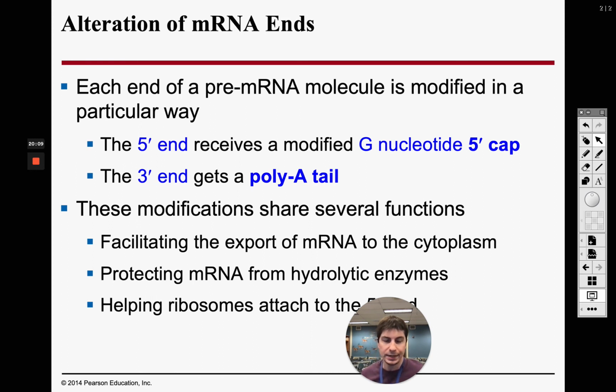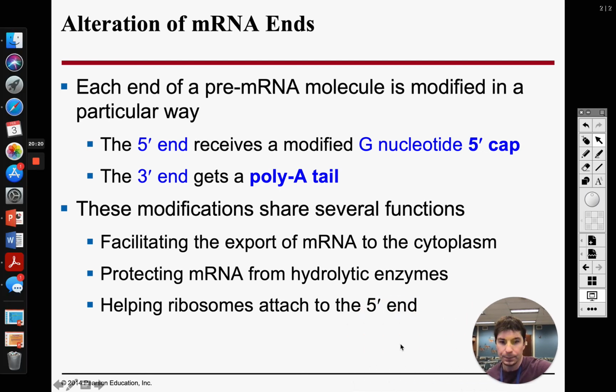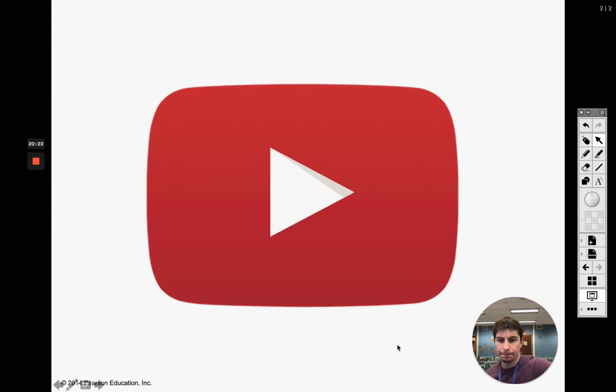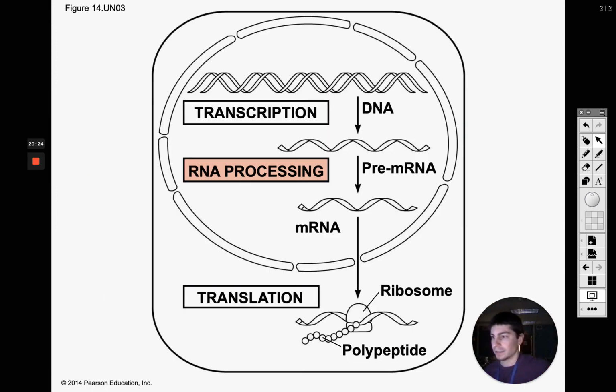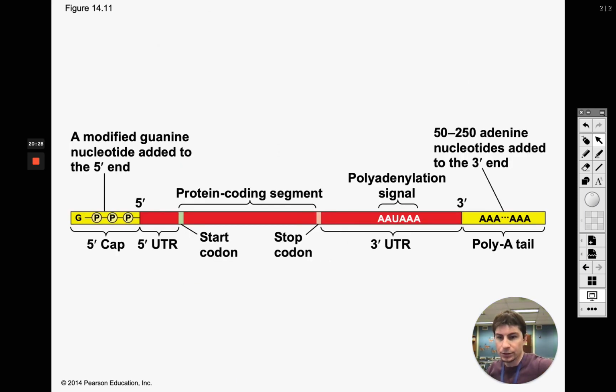We are going to once again use these in order to digest our mRNA. In other words, break it apart so we can still use those nucleotides to later make more mRNA. And I'll post that video for you guys. So there is your G cap on the one side. There is your poly-A tail on the other.